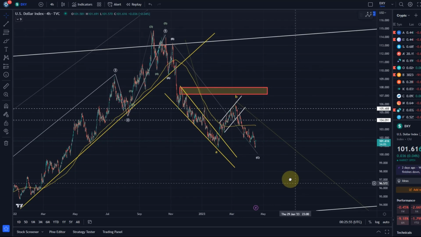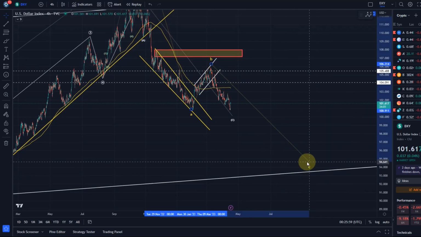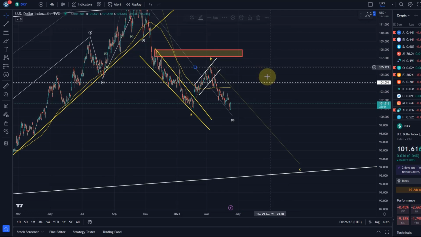Okay, but this is sort of the bearish perspective. And this yellow wave here in a C wave has certainly a high chance of working out, as long as we are staying now below the 105.95 level, so below the B wave high.